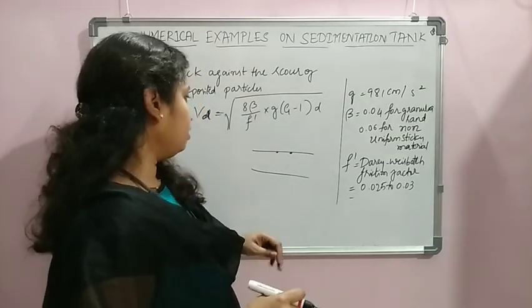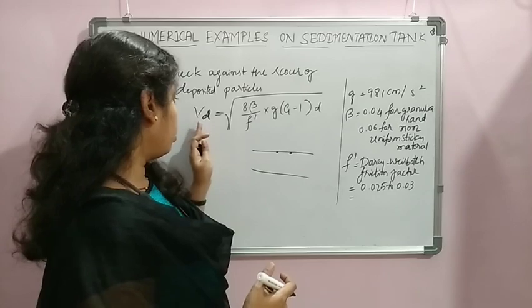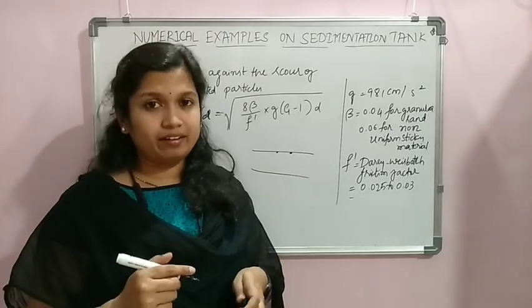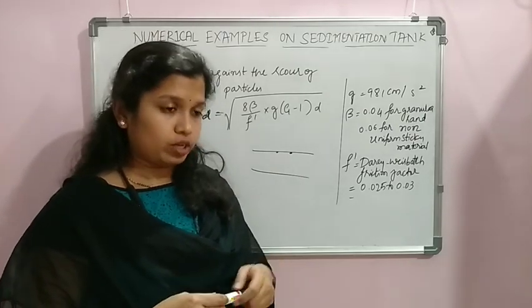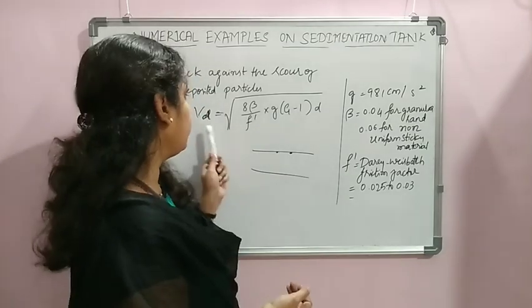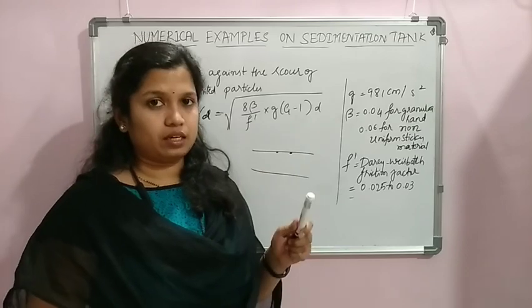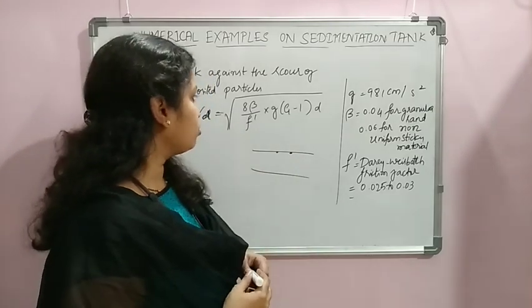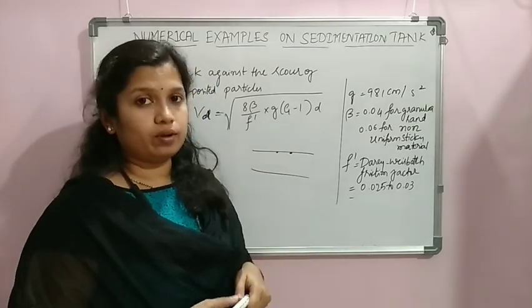If the velocity is beyond the scour velocity, then the material will deteriorate. That is why we have to check that the velocity of the flow we are fixing is within the limit of this scour velocity. Now let us substitute the values and check how much is coming for the scour velocity.